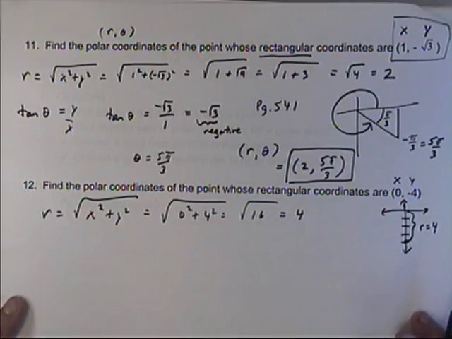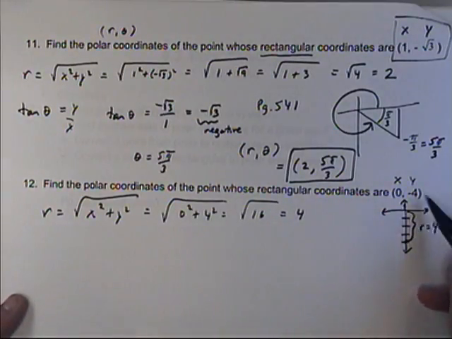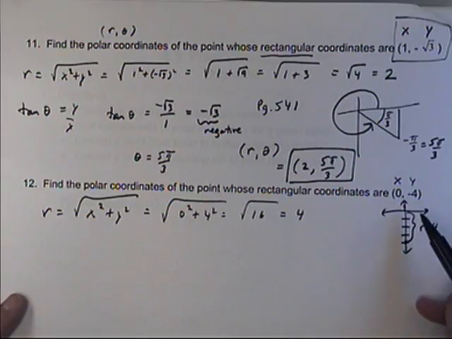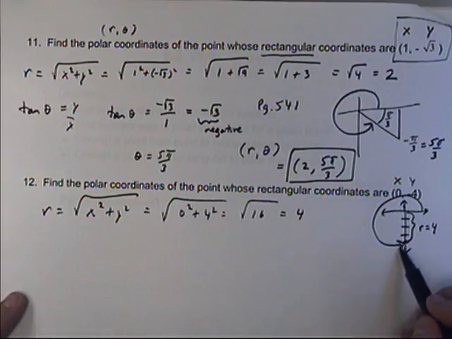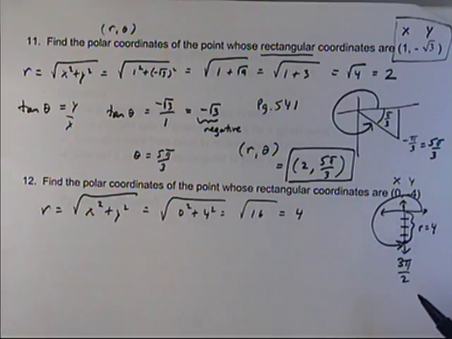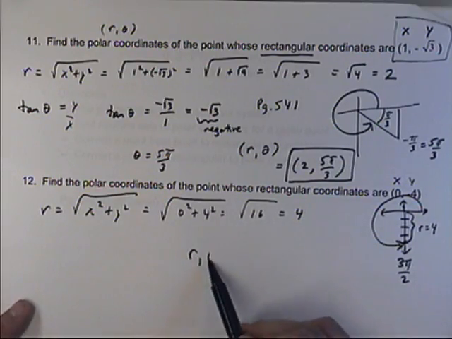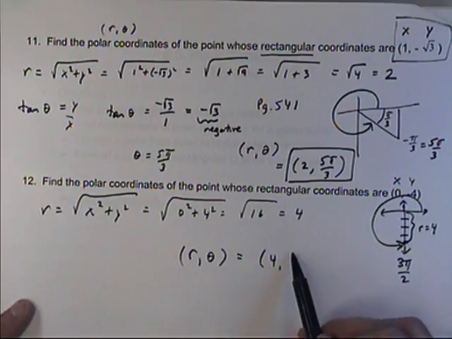Either way, the radius is 4. Now from the diagram, what rotational position are we at? Well, this is, again, pretty easy. This would be pi over 2, pi. This position down here, if you rotate all the way over to there, would be 3 pi over 2. So, well, there it is. That's theta. So my final answer for the polar coordinates of r and theta is (4, 3 pi over 2).